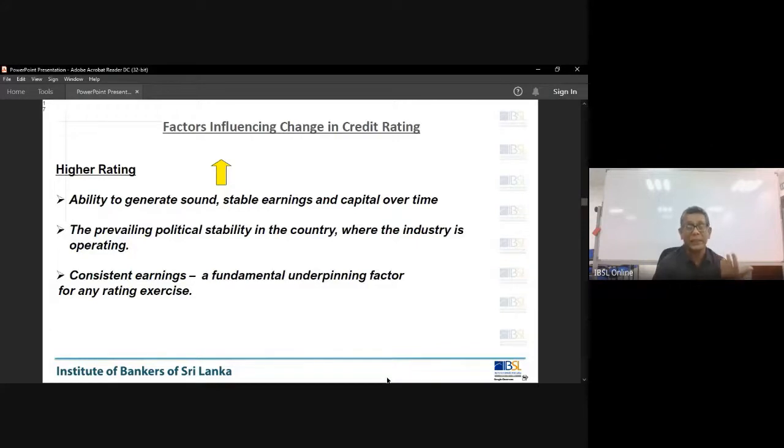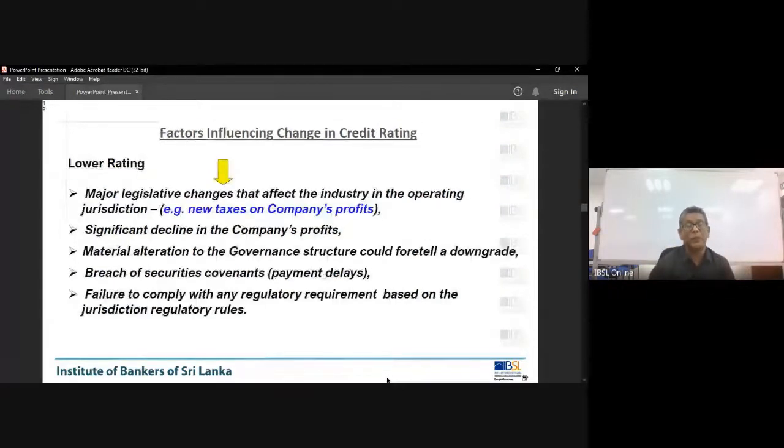If you want a low rating, you may look at major legislative changes and how they impact your industry, a significant decline in the company's profit, and how they adhere to the governance structure. If these are not good, the ratings can come down, right?